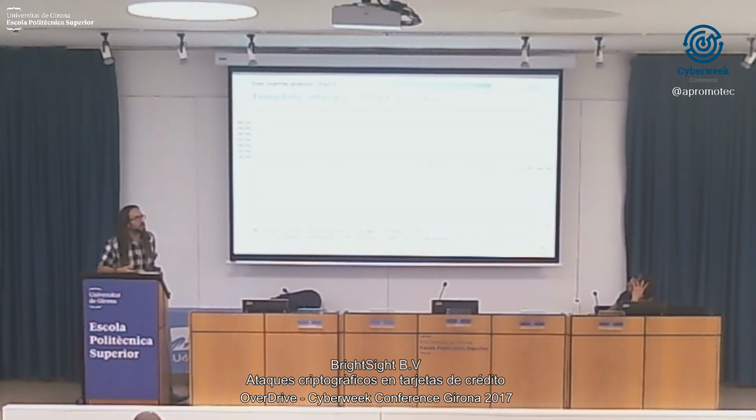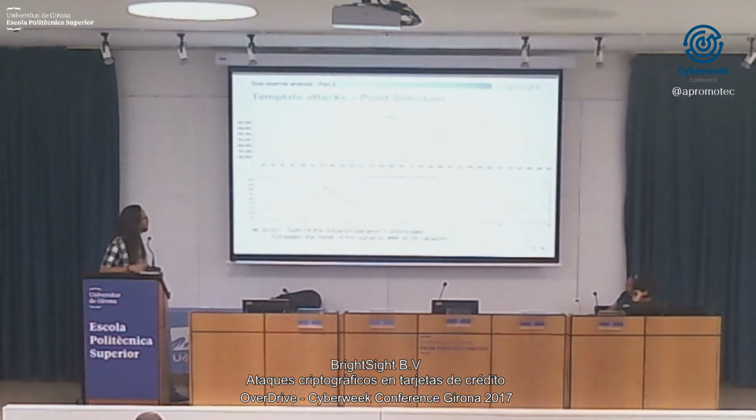We need to think that the covariance matrix that we will build during the training phase will grow quadratically with the size of these points. So we want to apply the templates only in a small part of the trace, because if not, we will not be computationally able to break some key.